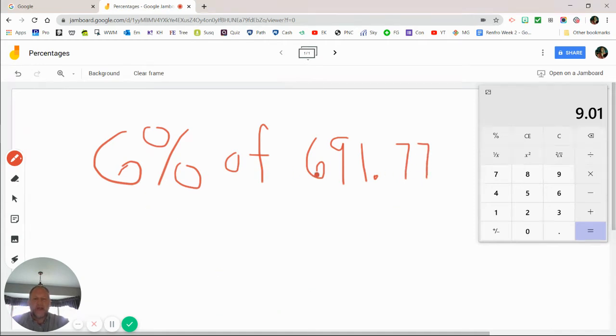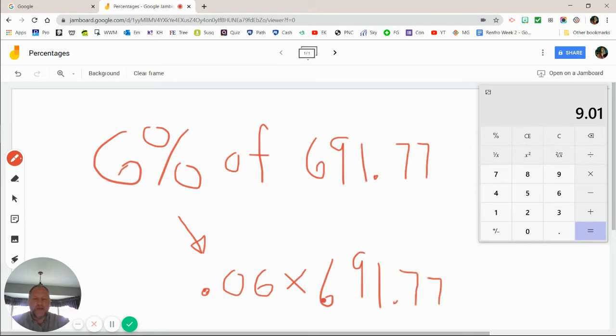What is 6% of that number? Change it to a decimal. Again, right here's the decimal, and you're going to move it 2 places to the left. So that means you got to add a 0 times 691.77.